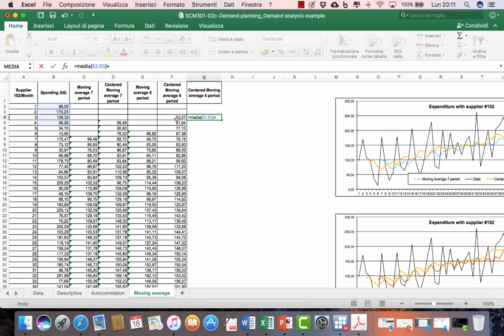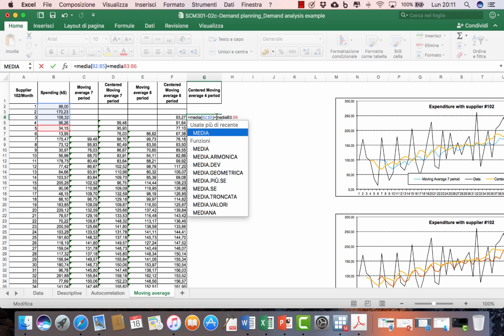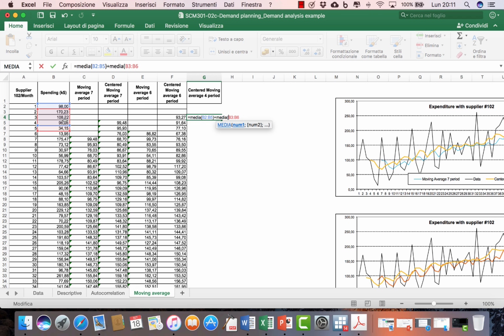So I also need to consider centering with just 1 observation before and, if I position on 3, 2 observations after. So I first make a moving average of 4 periods considering the first 4 observations, and then I add a simple moving average considering the 4 observations from 2 to 5.